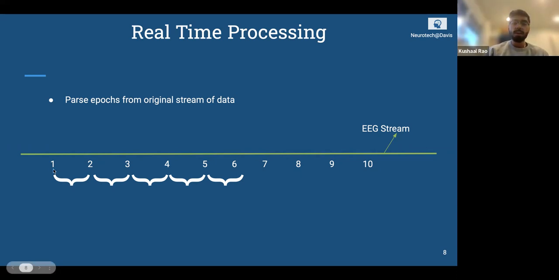And so now from 1 to 2 seconds is one epoch, 2 to 3 is another, and so forth. However, there's also another problem within this. Let's say, once again, you are at time 9. That is where you are in terms of real time. The data from 1 through 9 is all in hindsight, which you can use later on, but you have no use for it right now.